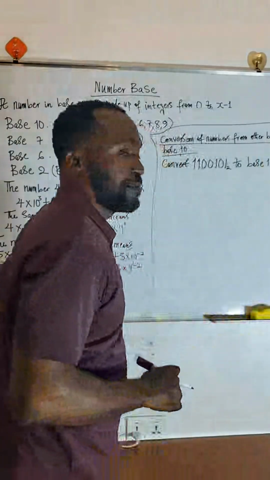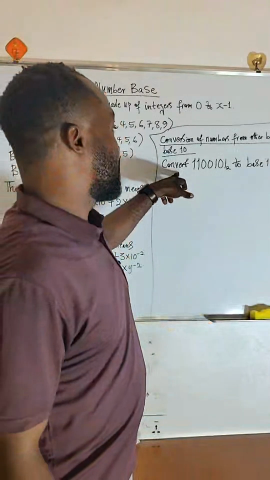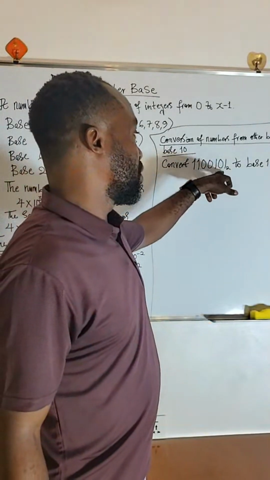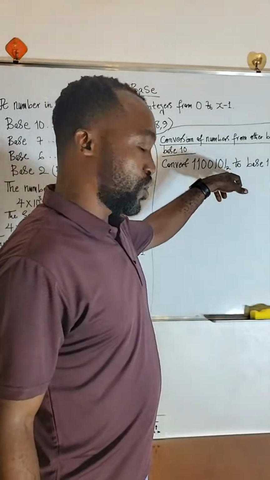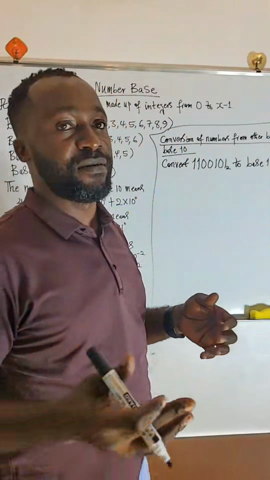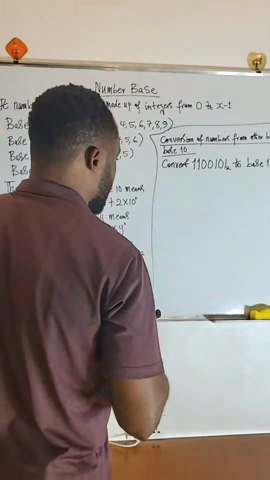All right, so let's do this together. Convert 1100101 in base 2 to a number in base 10. All right, so let's do that together.